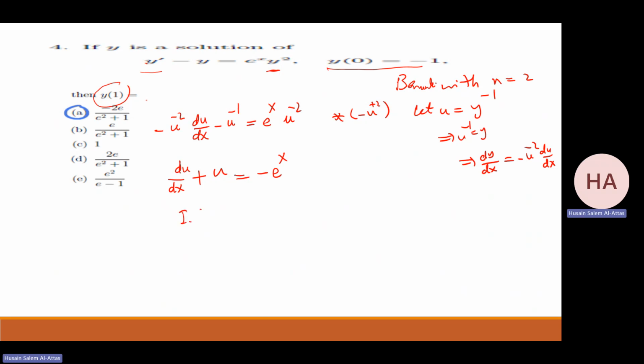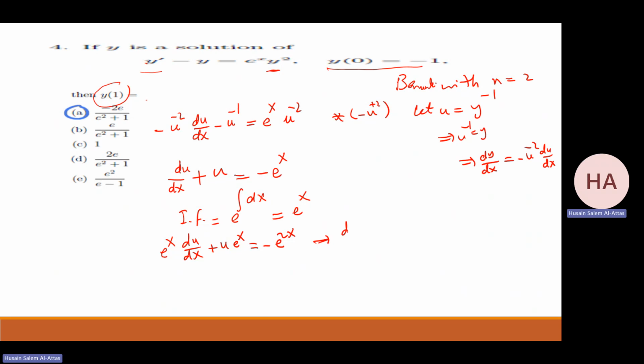Integrating factor will be e to the integral of dx. That will be e to the power x. Multiply: e to the power x du over dx plus u e to the power x equals minus e to the power 2x.